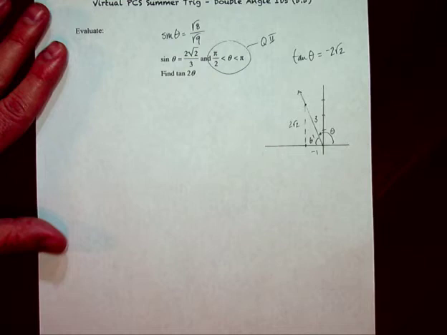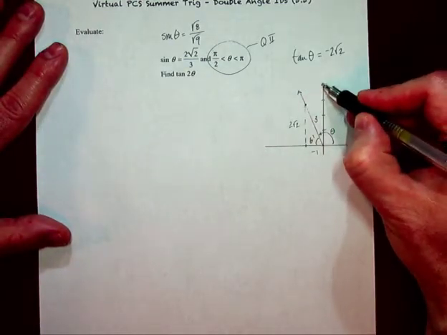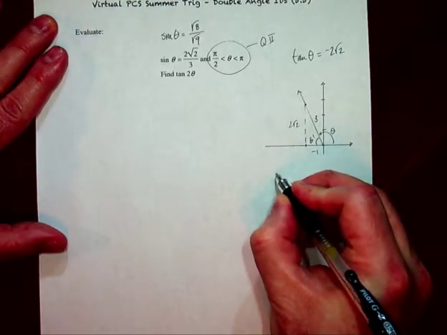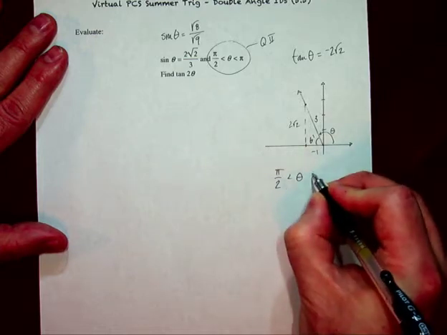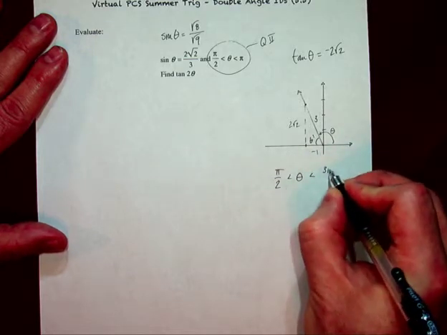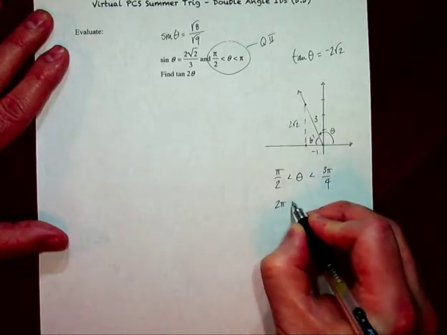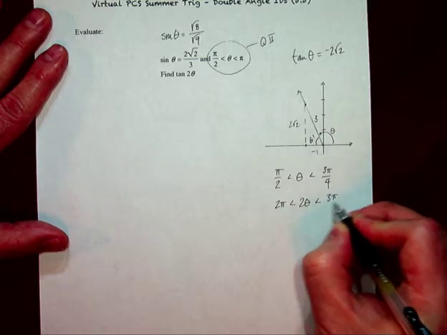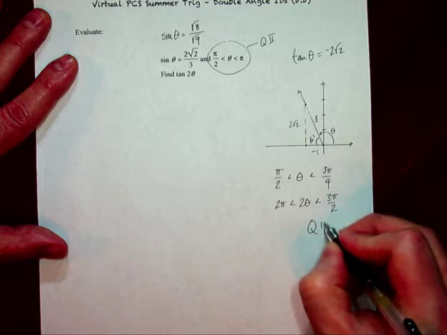Now, notice that this is much closer to the y-axis than it is to the x-axis. That means that theta is between pi over 2 and 3 pi over 4, which is going to make it a little bit nicer when I double, and it tells me that 2 theta is going to wind up being in quadrant 3.